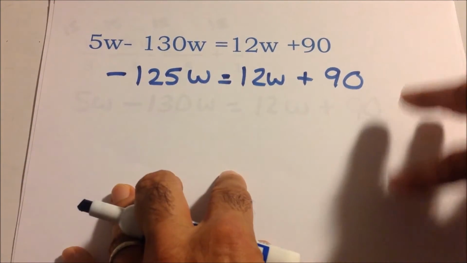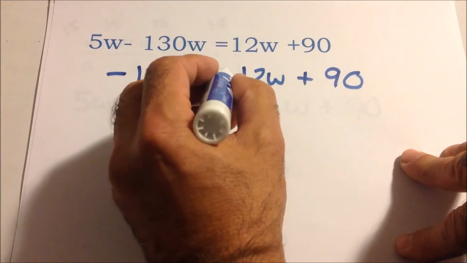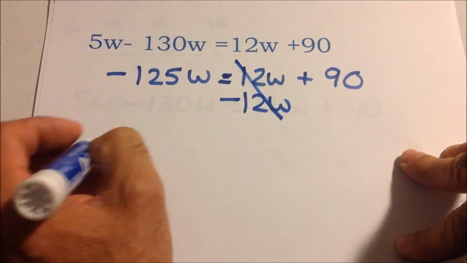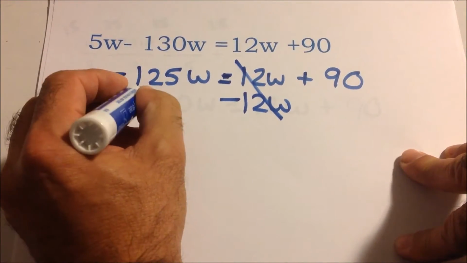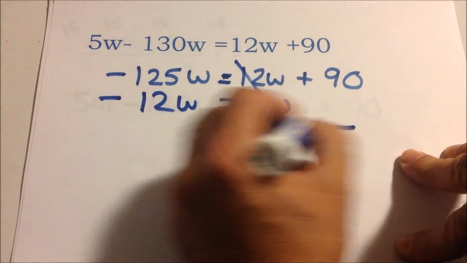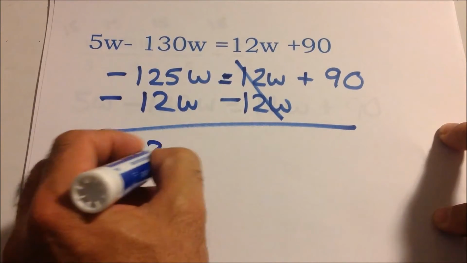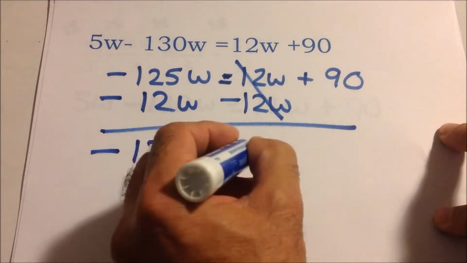With quadratics we want zeros, but we'll go over that in another video. So now we'll get rid of the 12w on both sides by minusing it, because remember that's positive there. Now we're left with negative 125w minus 12w, and that gives us negative 137w equals 90.